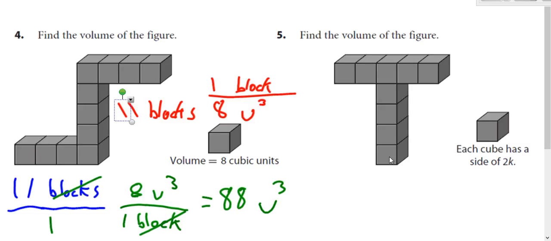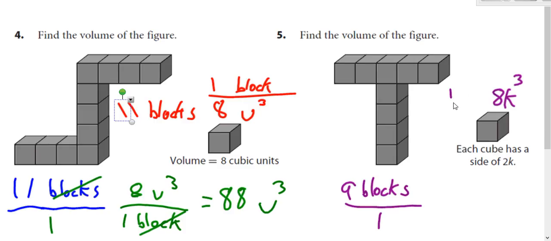Similar question over here. We have 1, 2, 3, 4, 9 blocks. But we're told each side is 2K. So it's a cube, so it's 2K times 2K times 2K. Two times 2 times 2 is 8, and then K 3 times, K cubed. And that's the volume.